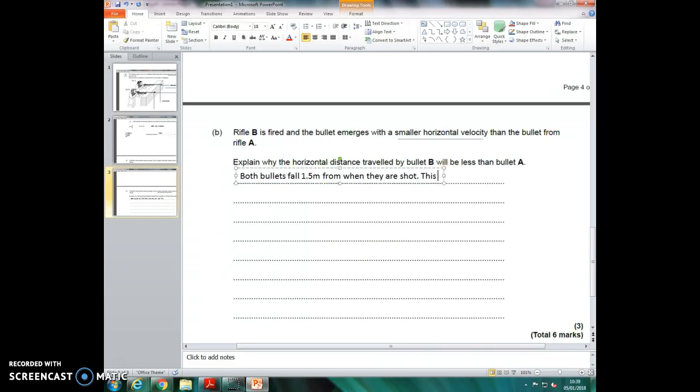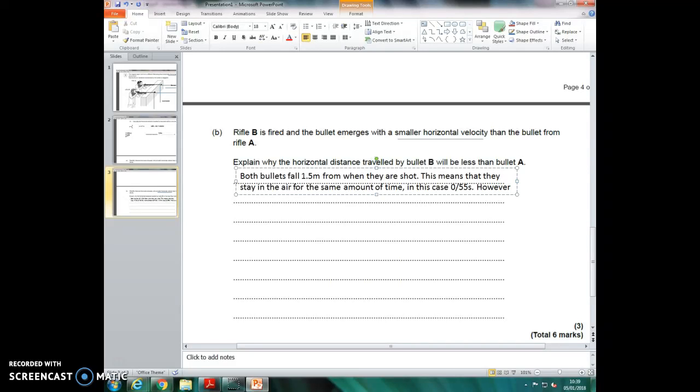This means that they stay in the air for the same amount of time, in this case 0.55 seconds.